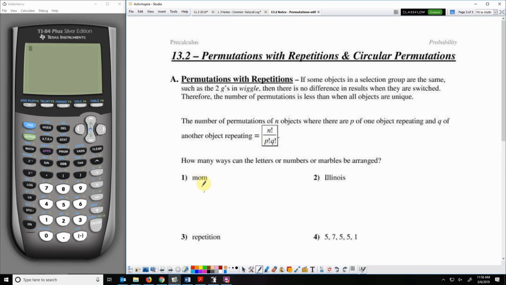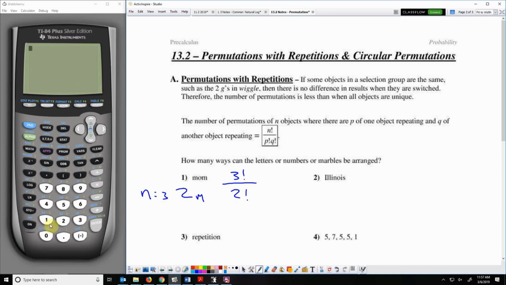So here's an example. In the word mom, how can we rearrange the letters? There are two m's, but there are three letters total. So n equals 3. So 3 factorial over, and since there are two m's, 2 factorial.